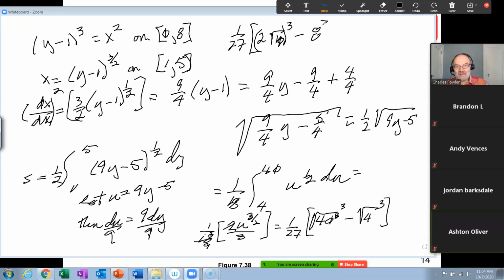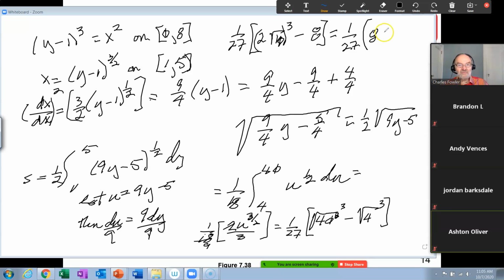Why they pick such weird numbers, I don't know. I may have made a stupid mistake and gotten the numbers this weird. So this will be 2 cubed is 8 times the square root of 10 cubed.